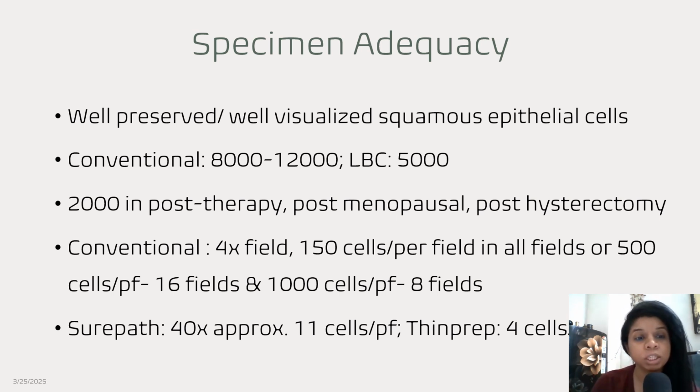So you need, in a conventional smear, 8,000 to 12,000 well preserved, well visualized squamous epithelial cells. If it is liquid based cytology, either SurePath or ThinPrep, the adequacy criterion is 5,000 well preserved, well visualized squamous epithelial cells.